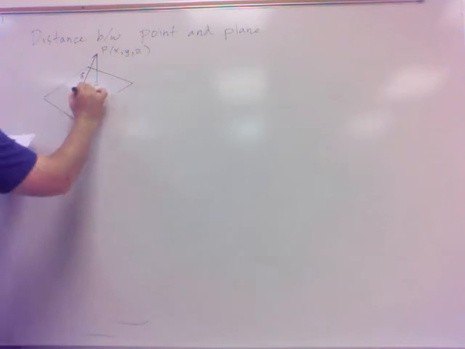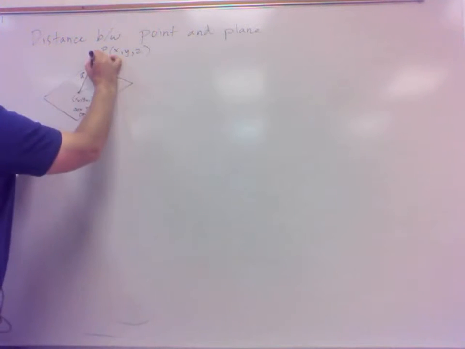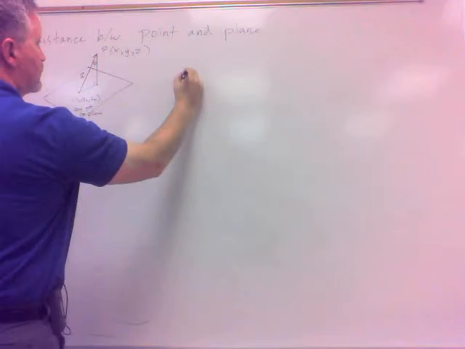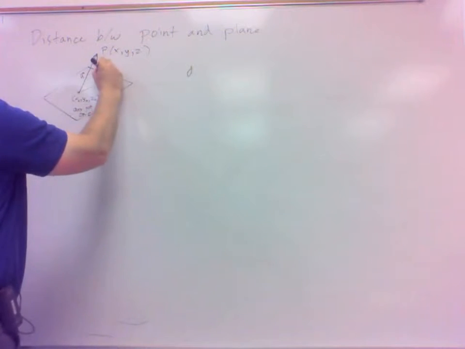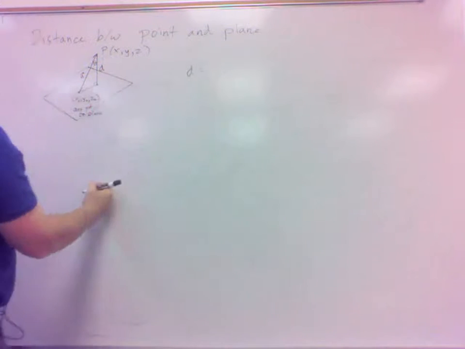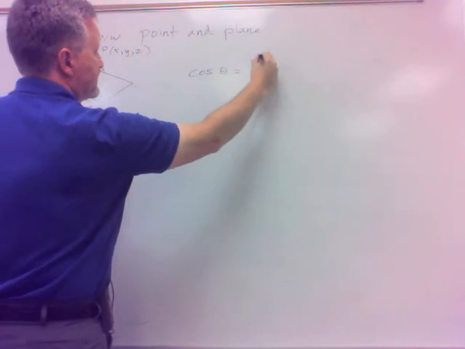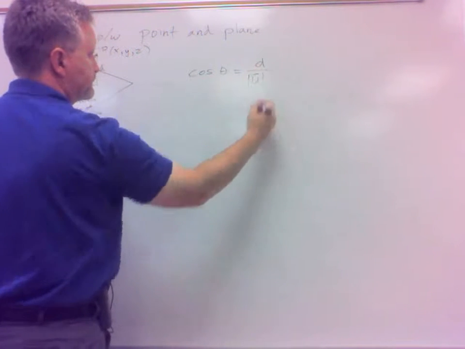And so let's call this angle here theta. Our distance then, which is right here, cosine of theta would be d over the magnitude of u.